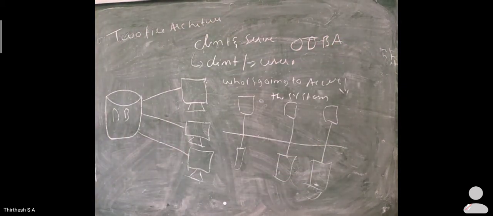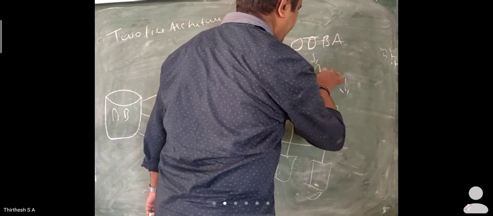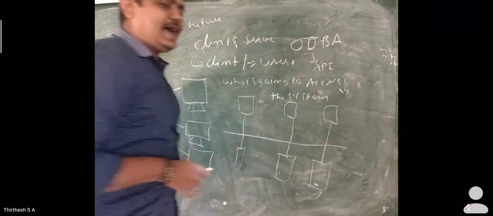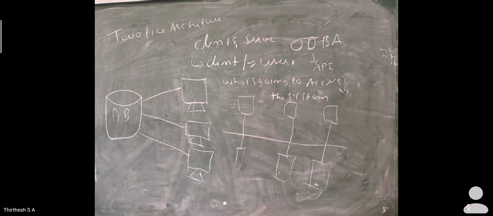ODBC is the API which helps us to work on a database system. So this is the client-server architecture with a database. So this is the second level, tier 2 architecture. What does tier 2 architecture do?